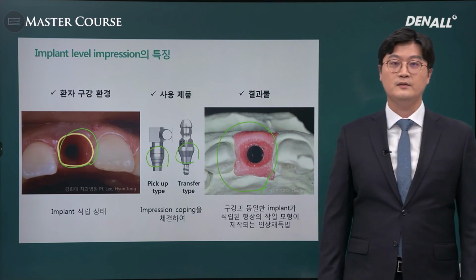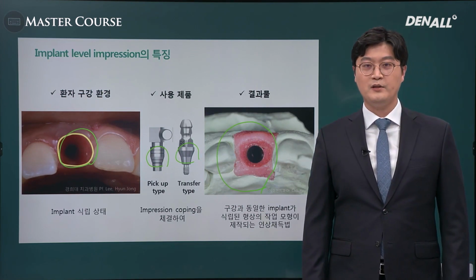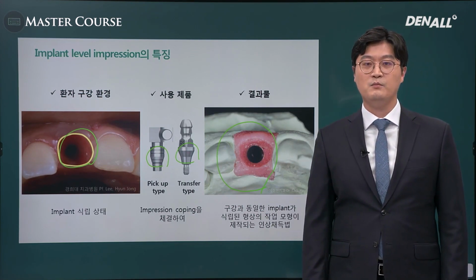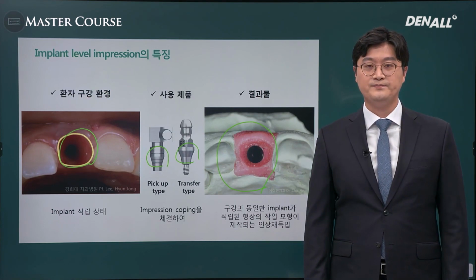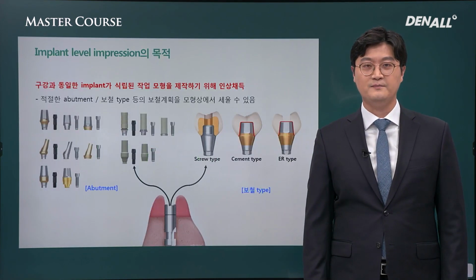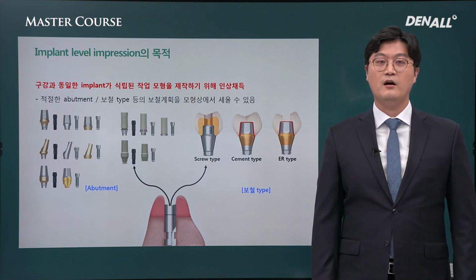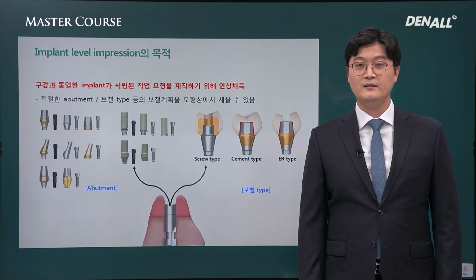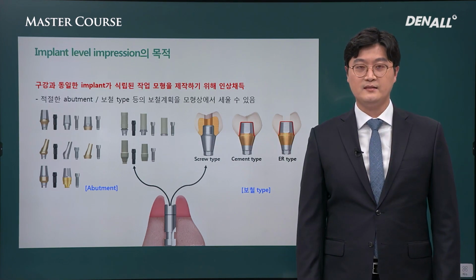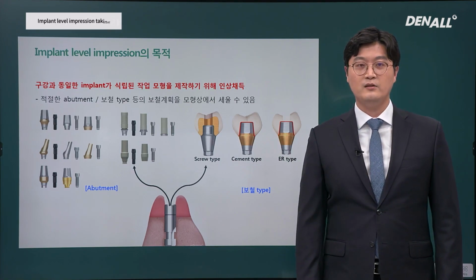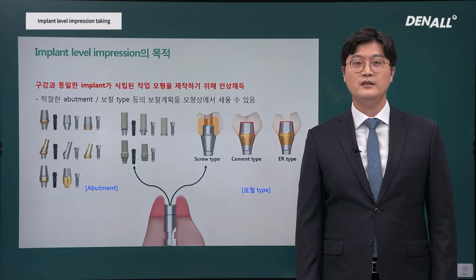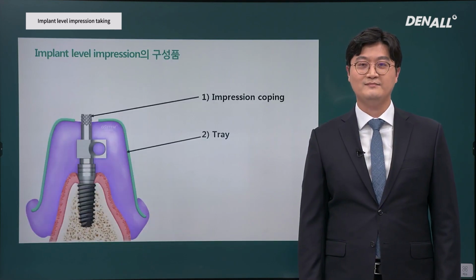A model is made exactly reflecting the oral situation where the implant is placed. Implant level impression, unlike the abutment level impression, allows various abutments to be selected on the model made extraorally.